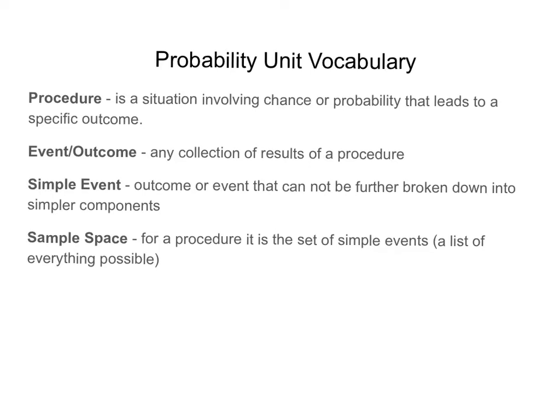Simple event, it's the outcome or event that cannot be further broken down into simpler components. And our sample space. For a procedure, it is the set of simple events, so a list of everything that is possible. So we're going to spend a lot of time finding the events, outcomes, and the sample spaces.